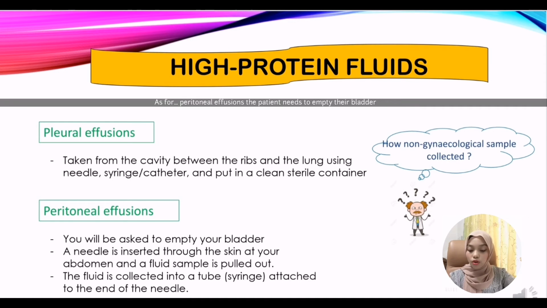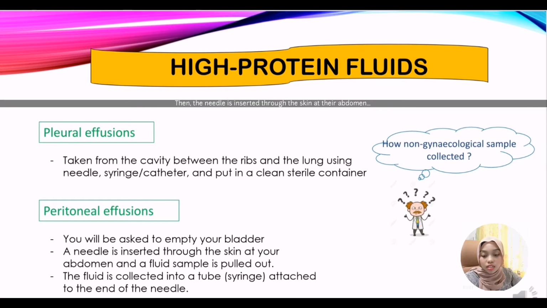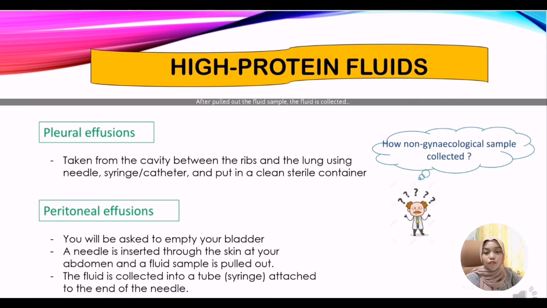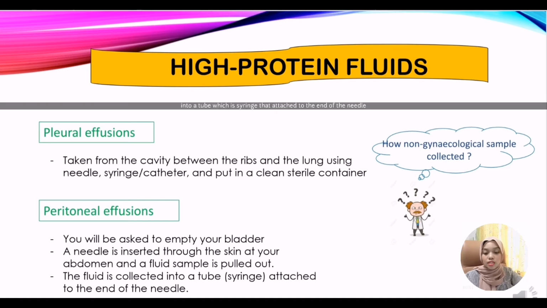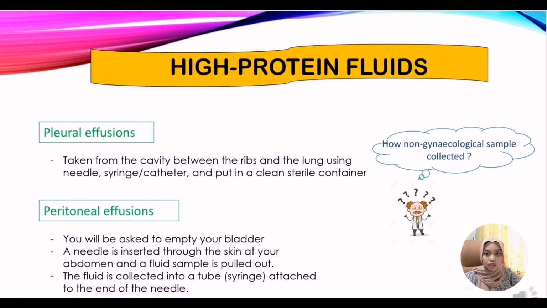As for peritoneal effusion, the patient needs to empty their bladder, then a needle is inserted through the skin at their abdomen and a fluid sample is pulled out. After pulling out the fluid sample, the fluid is collected into a syringe attached to the end of the needle.